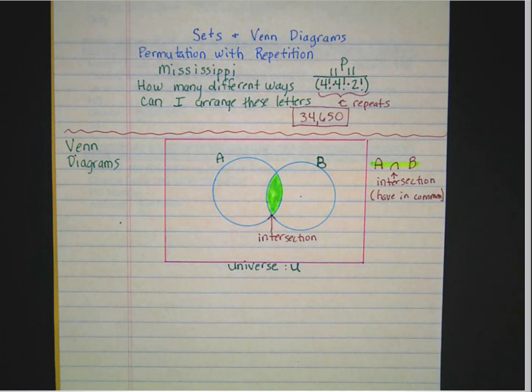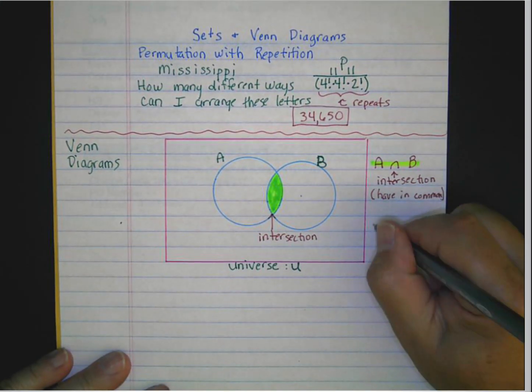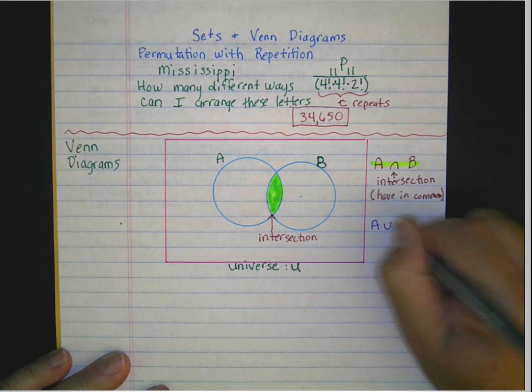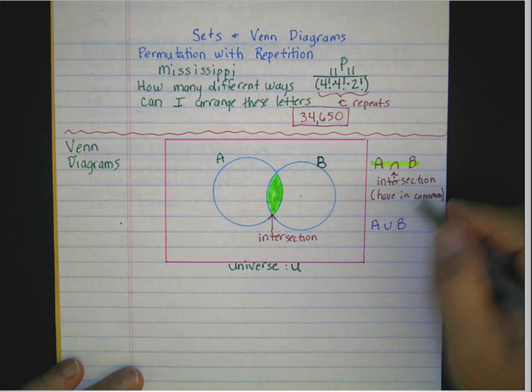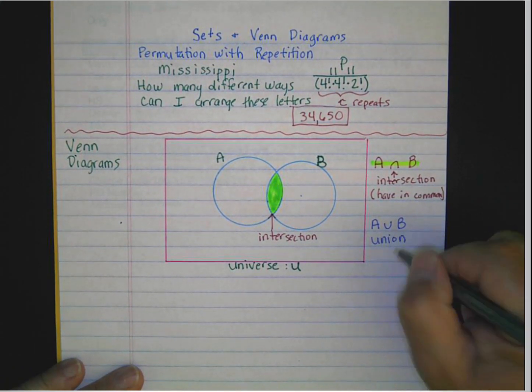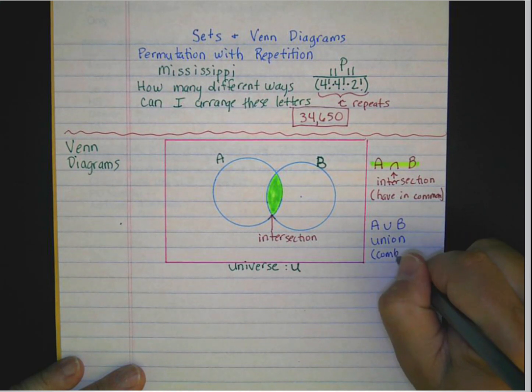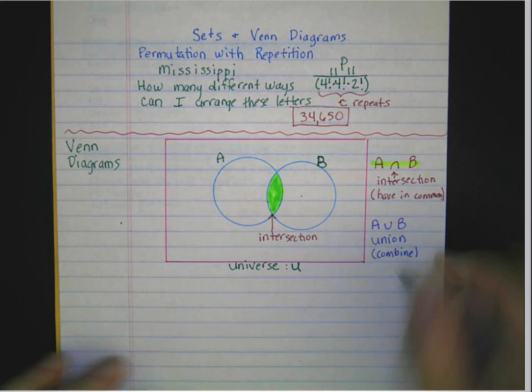And then we have the union, and you guys know what union is because we've done that with domain and stuff. That's the union. That's when you combine them. That's everything together in both of them.